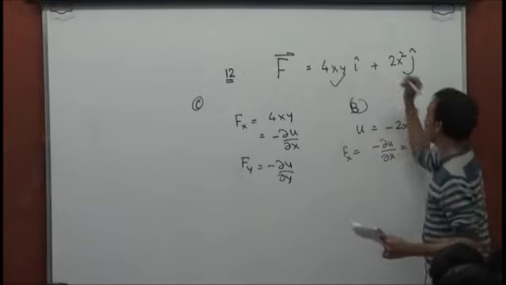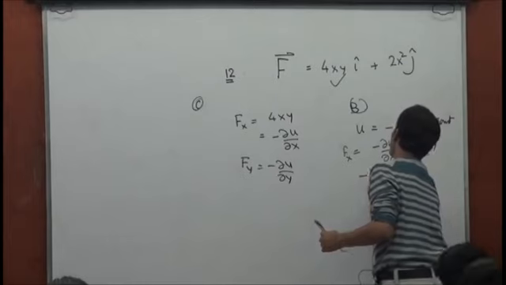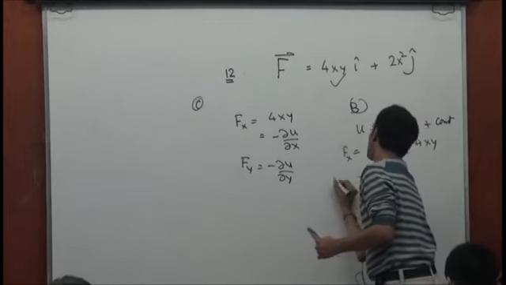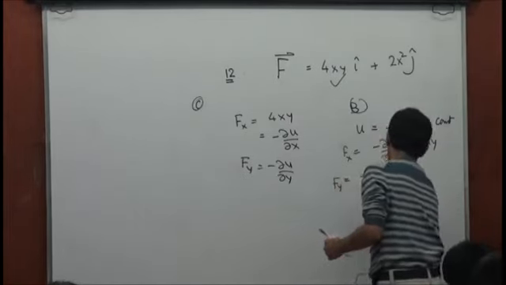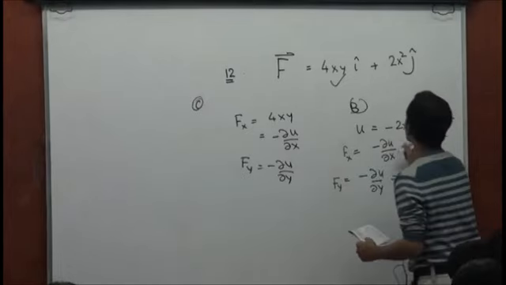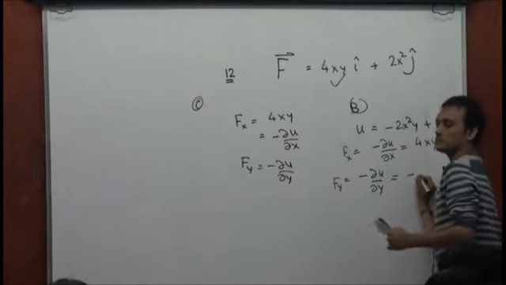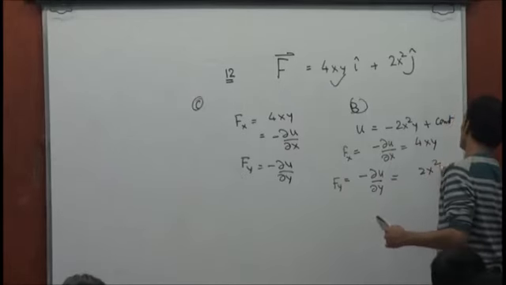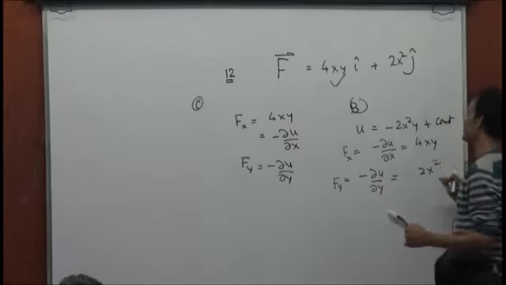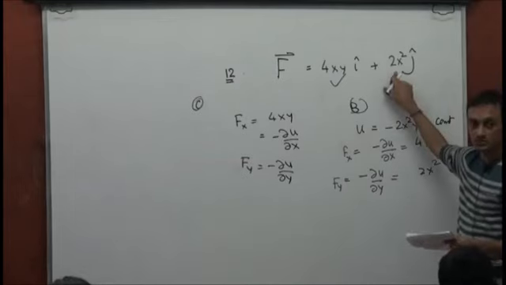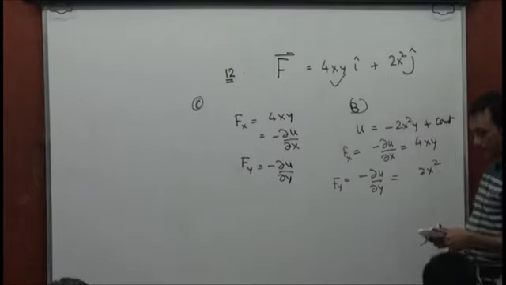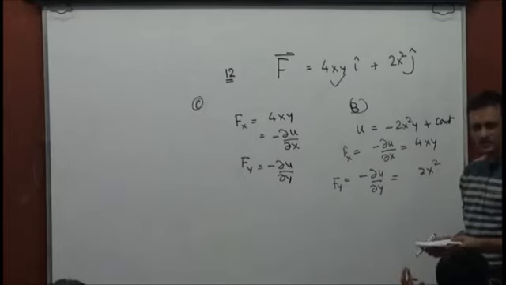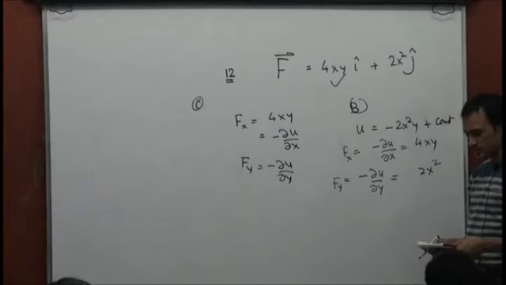And minus dou U dou y is the y component of the force, that's going to be minus 2x squared. So that matches with this. I told you this, right? Fx would be minus dou U dou x, Fy would be minus dou U dou y. Did I speak about it?